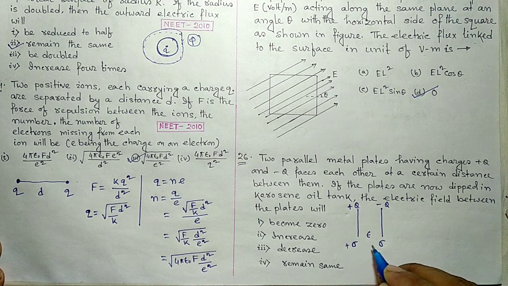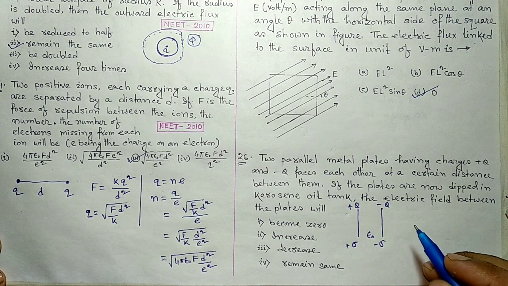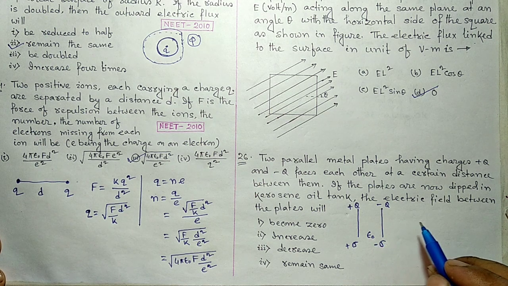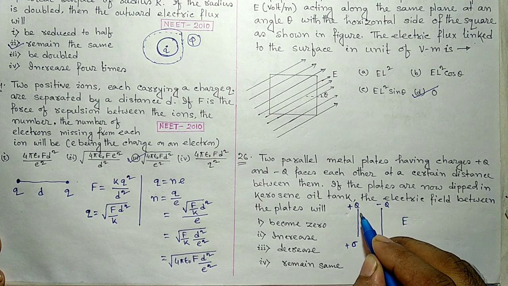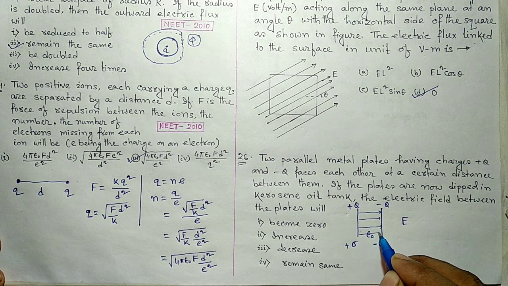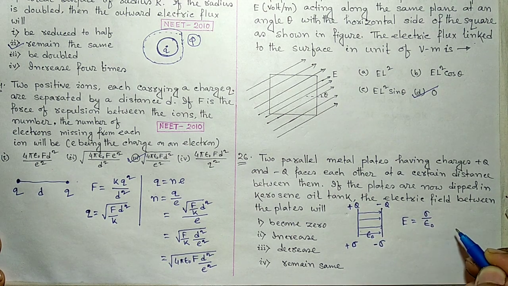This will be plus sigma, this will be minus sigma, and the permittivity between the plates will be epsilon naught. Then the electric field generated between the plates will be E equals sigma by epsilon naught.